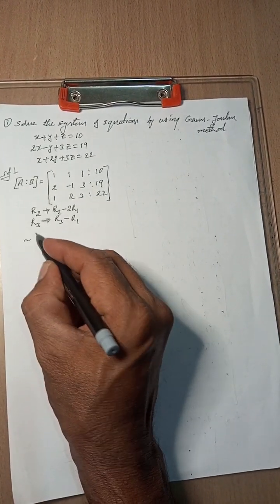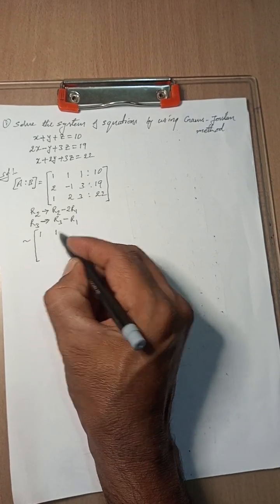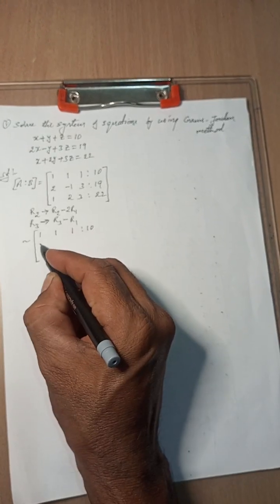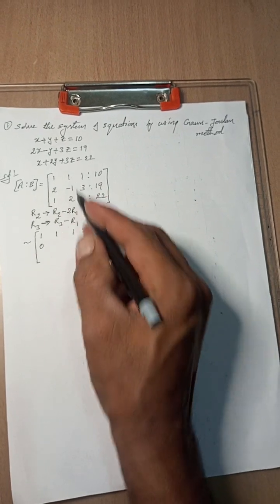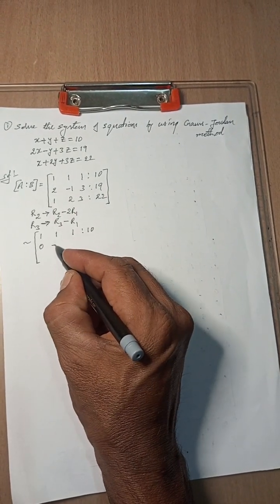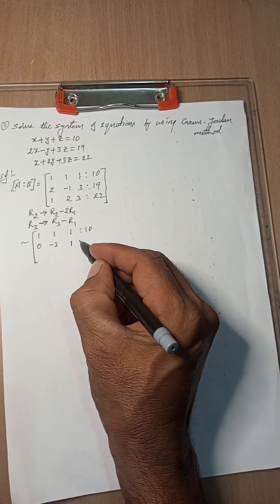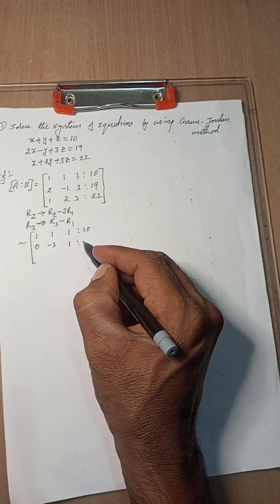Okay, the resulting matrix is equivalent to: first row no change, we keep the first row as it is. Second row: 2 minus 2 is 0, minus 1 minus 2 is minus 3, 3 minus 2 is 1, 19 minus 20 is minus 1.